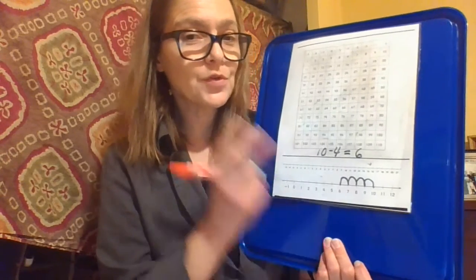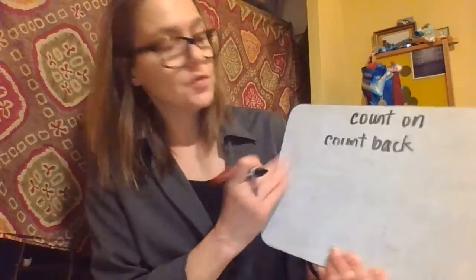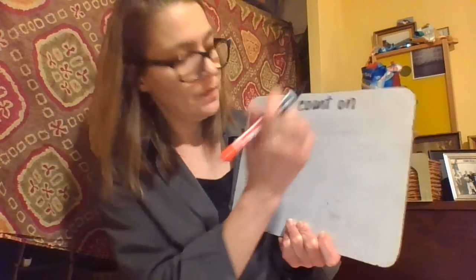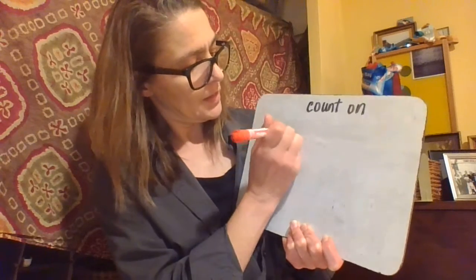So those are two ways you can solve subtraction fact fluency problems. One way is to count on, which means to count up, and another way is to count back. So there's two ways.